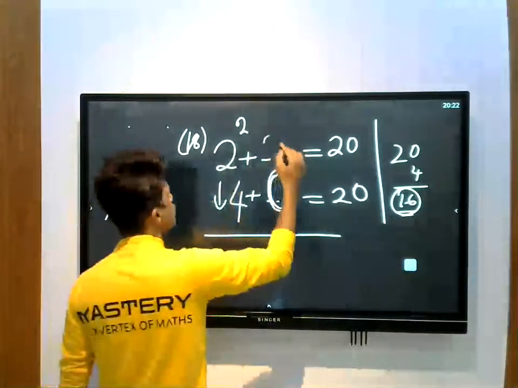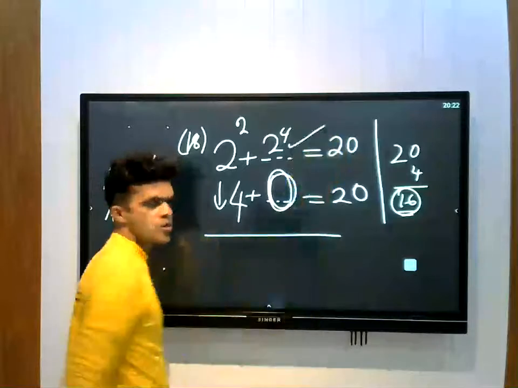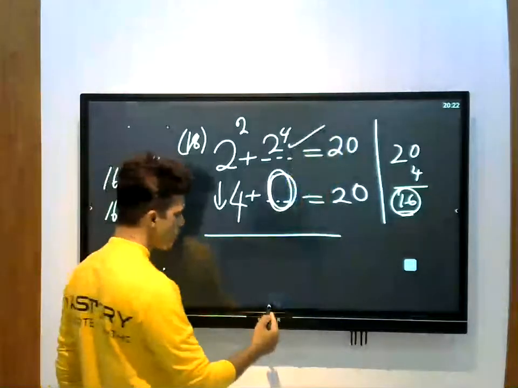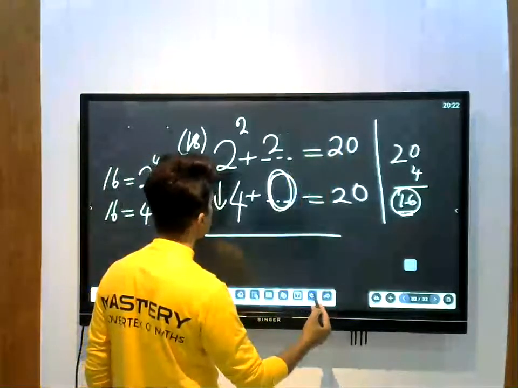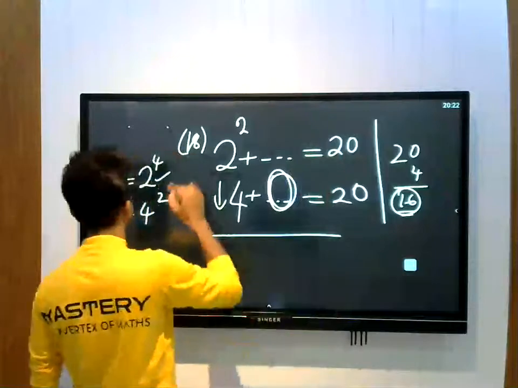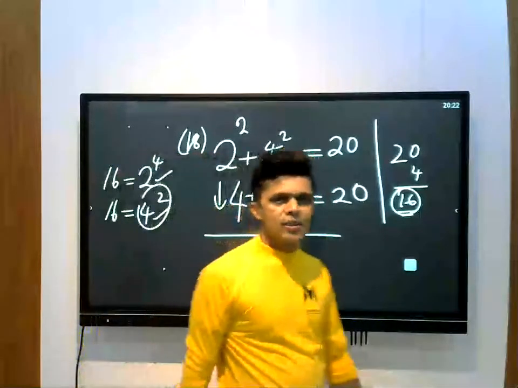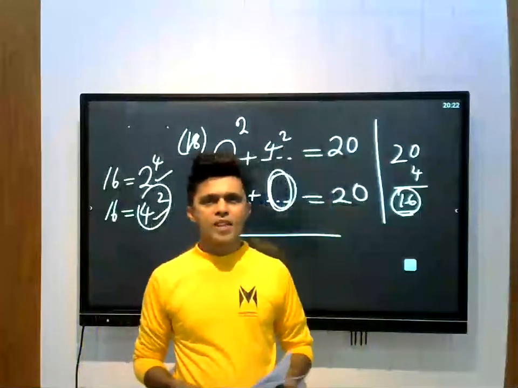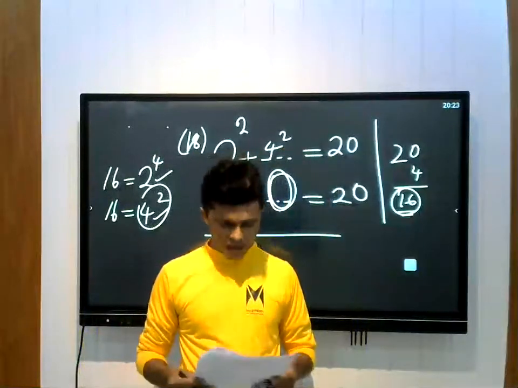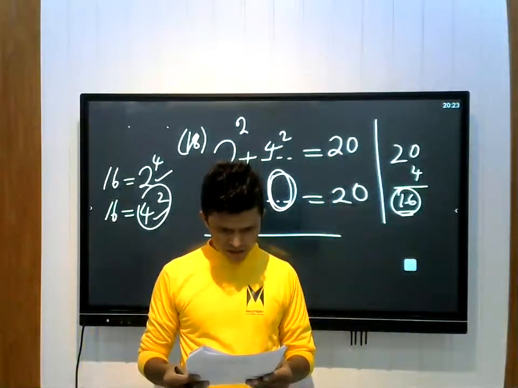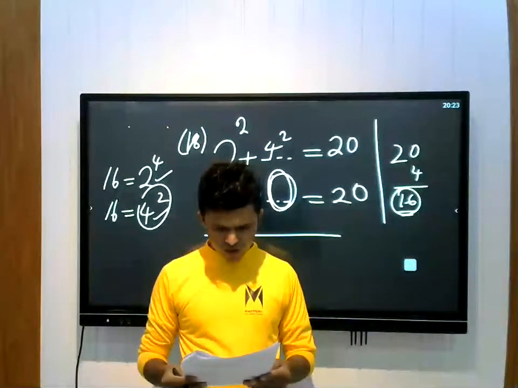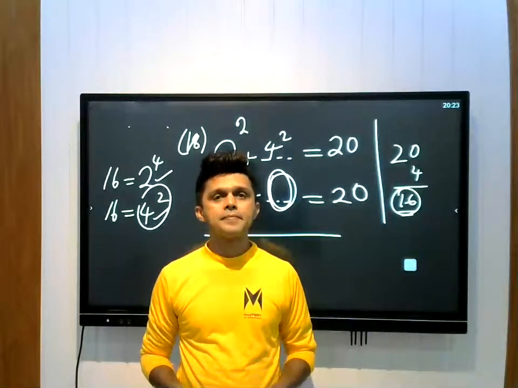So here you could write 2 to the power 4. This one is also okay; you could get the answer as 4 to the power 2 as well. All are okay as the answer. So yes, that is the suitable number for the blank in index form.